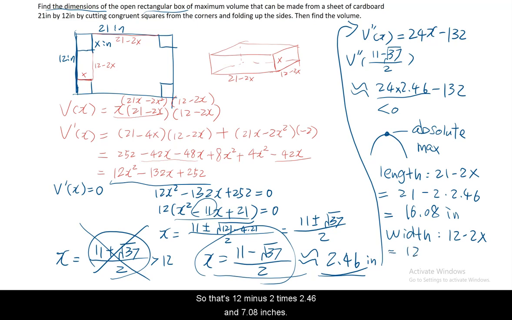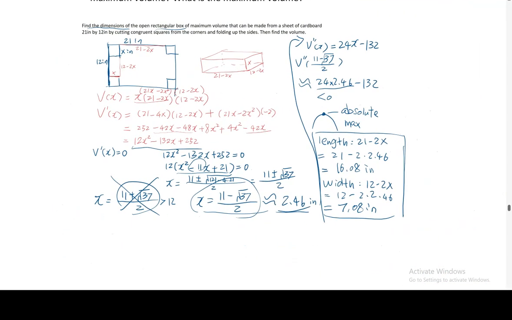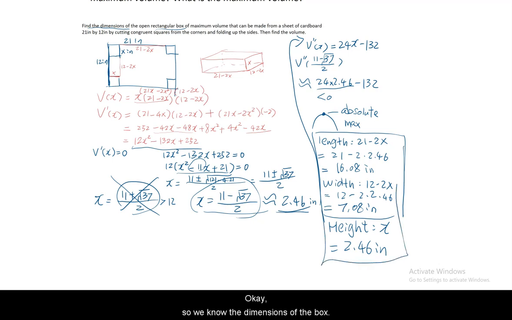So that's 12 minus 2 times 2.46, 7.08 inches. All right, so that's the dimension of your box. Well, and also x, right? Length, width, with height. So don't forget the height. The height is just x, which is 2.46 inches.